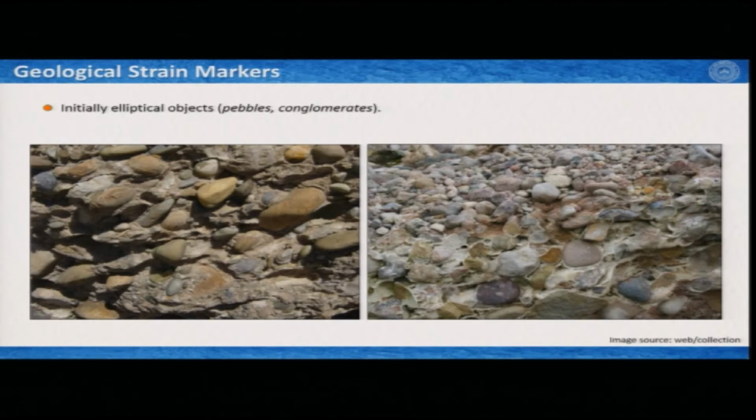You know what a conglomerate is: some pebbles embedded or hosted in a fine grained matrix. At least in this image these are not necessarily of equal shape and geometry, but statistically if you consider say 10, 15, 20, 30, 50 of such pebbles, and if these are deformed, you actually can get an estimate of the strain of these deformed rocks.